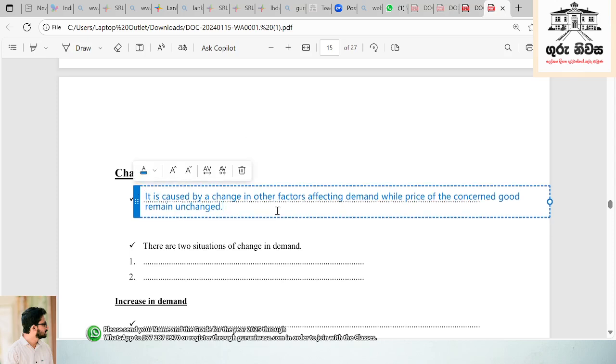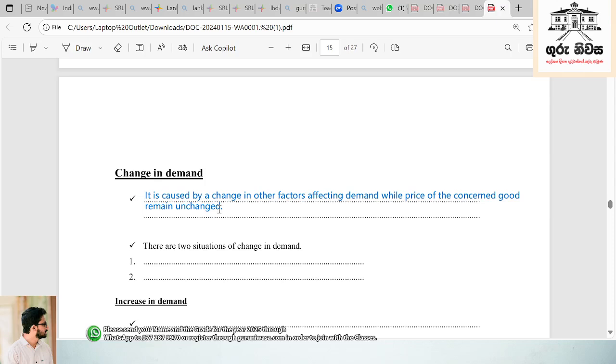Highlight, Lamai: change in other factors affecting demand, while price of the concerned good remains constant.